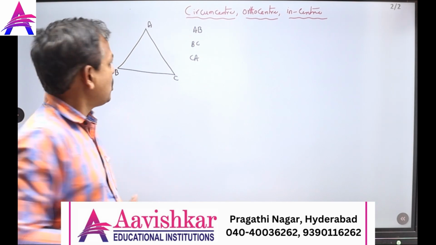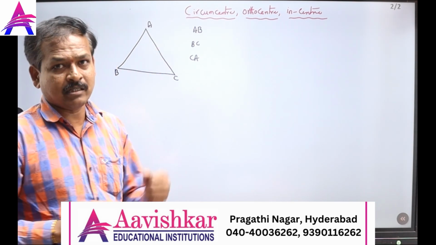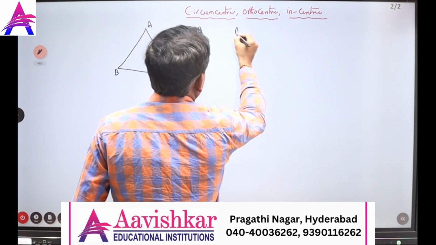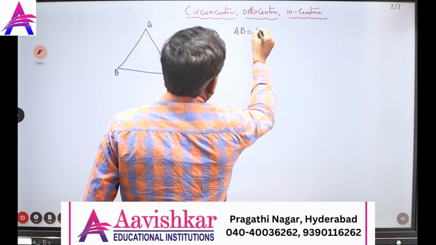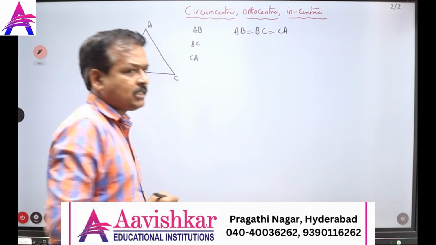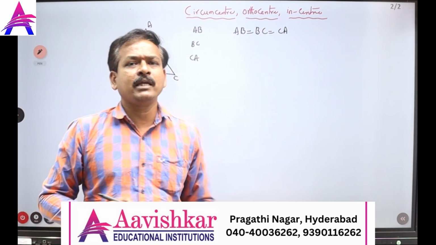I think you are following. After getting the lengths of the three sides, now if you get AB equal to BC equal to CA, that means the triangle is going to be an equilateral triangle.